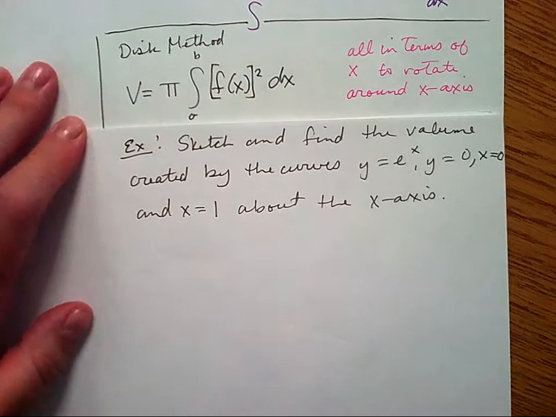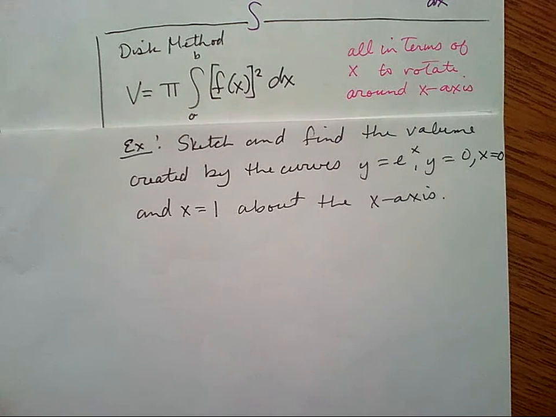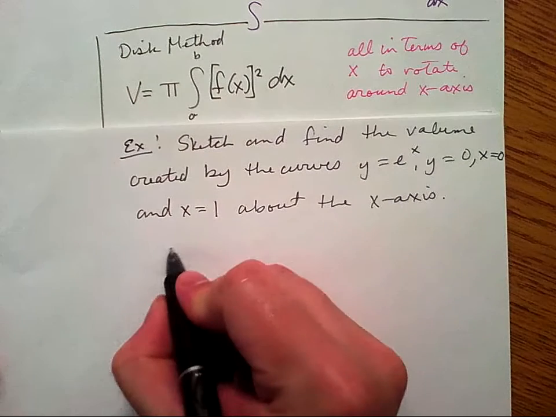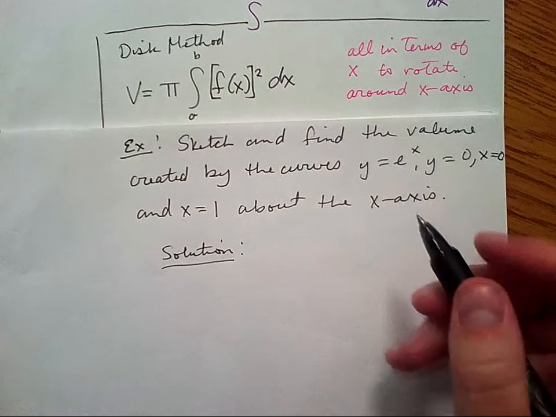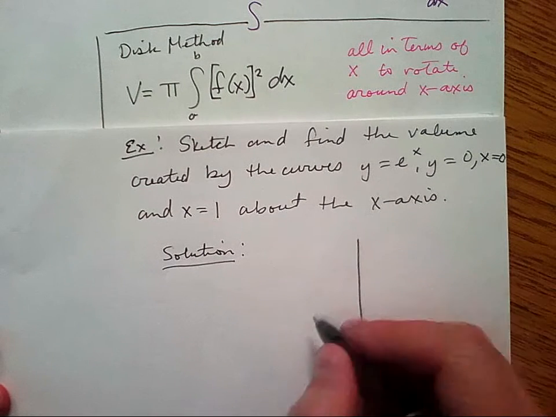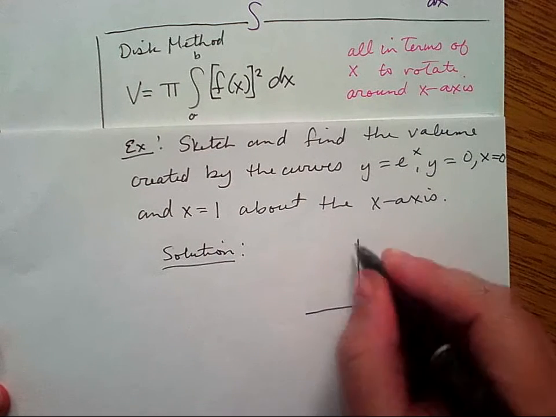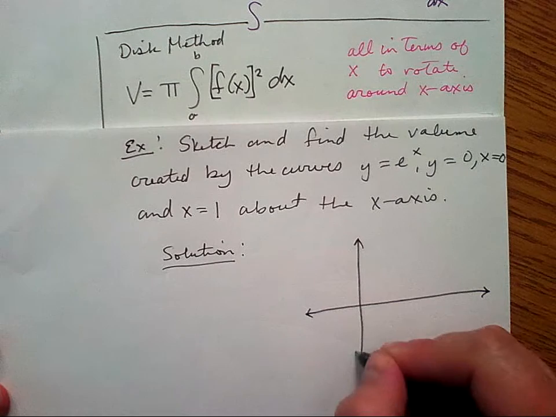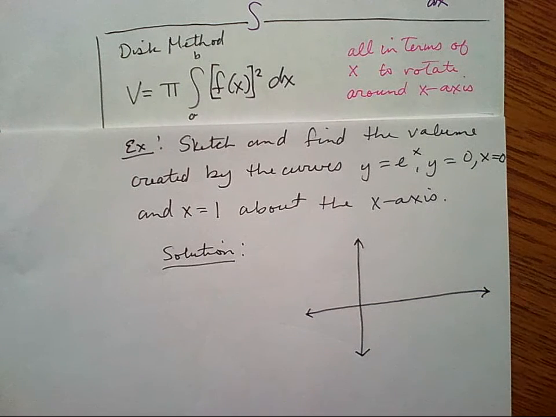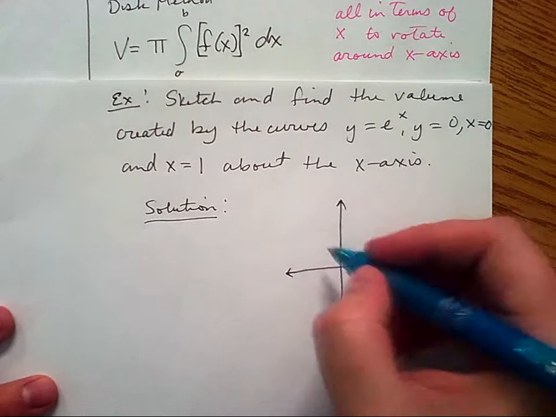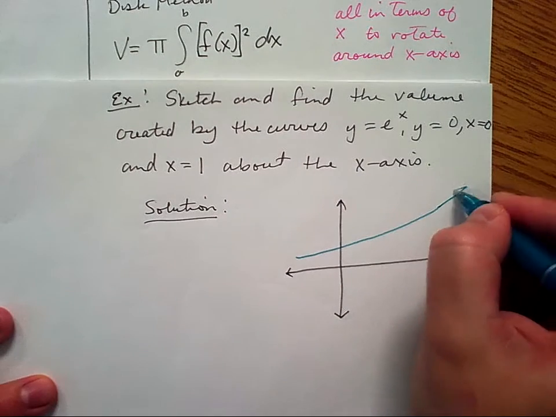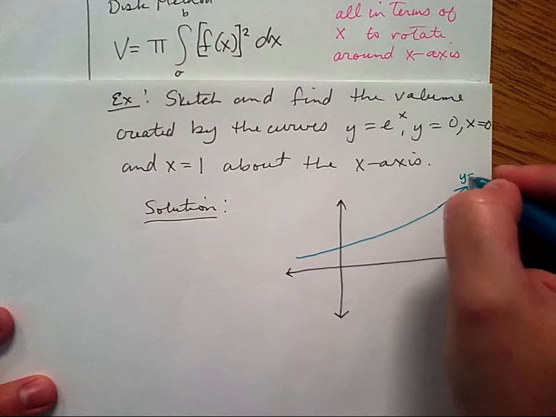So this is all in terms of x to rotate around the x-axis. Okay? So solution. Let's draw a picture. Here's e to the x.